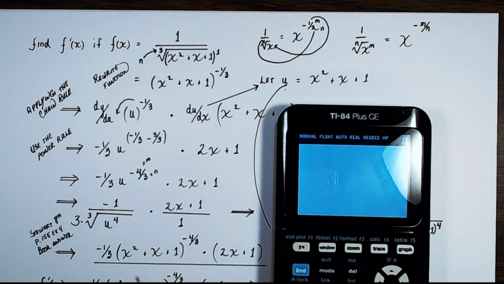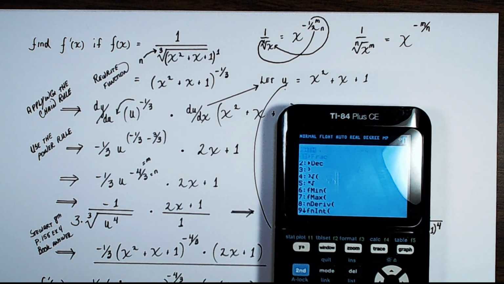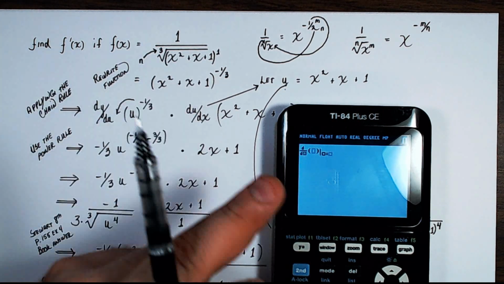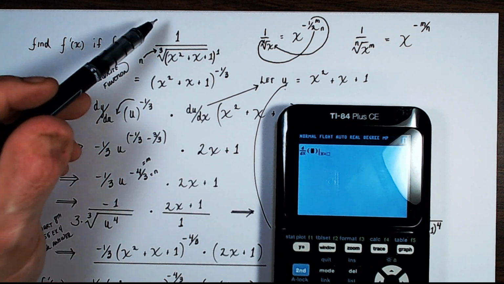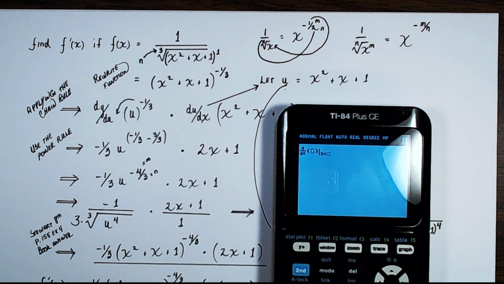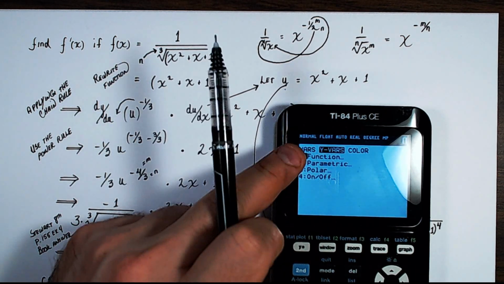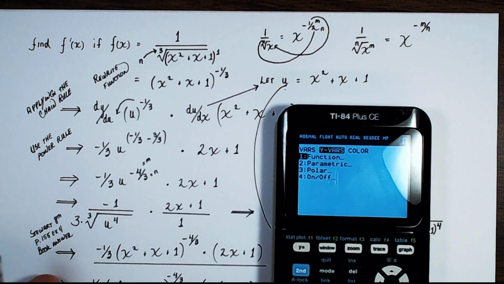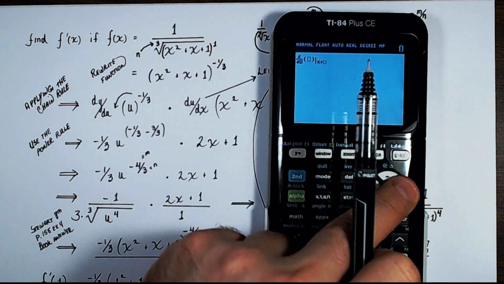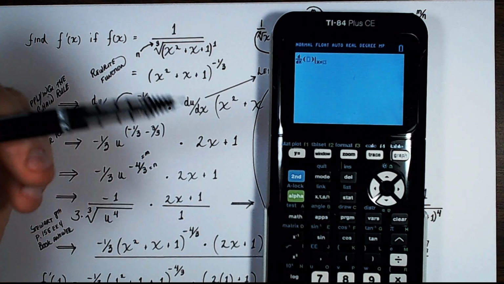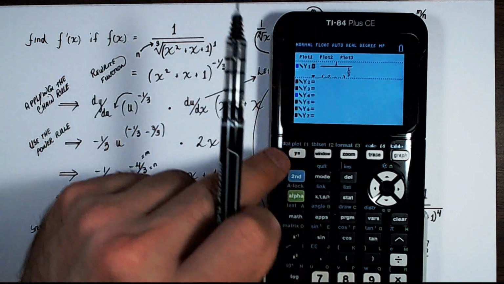Now I'm going to hit math, and number 8 gives me inderiv, and so I'm going to differentiate with respect to x, and rather than retype this in, I can hit vars and go to y vars, hit enter on function. You can't see what I'm doing. Let me get out of this. So I'm back here. I want to go grab the function I put into y equals without having to retype it.